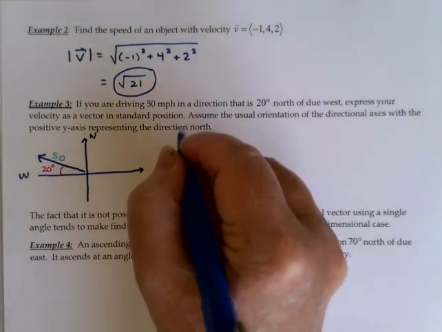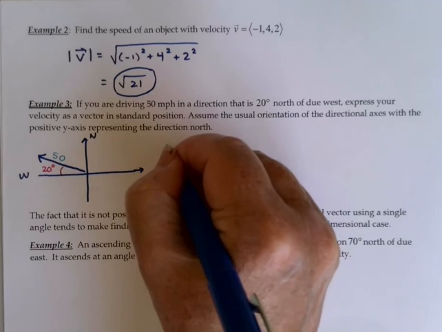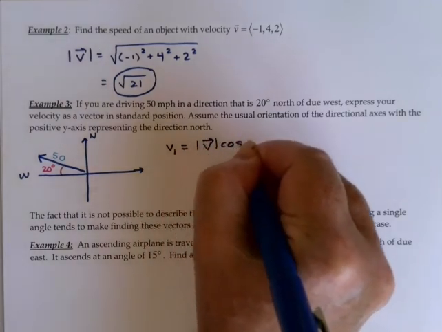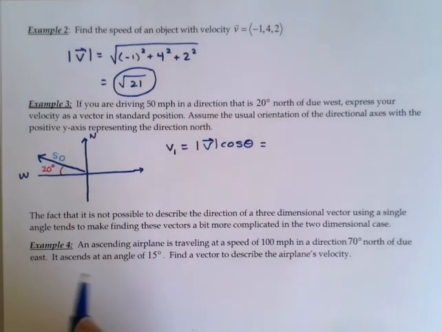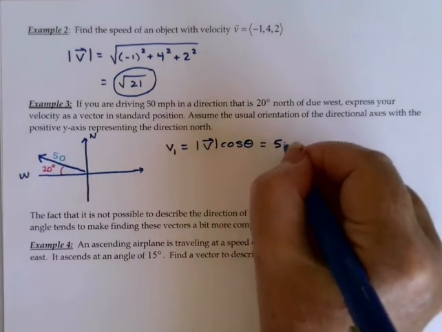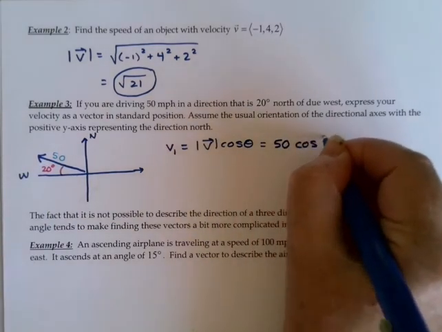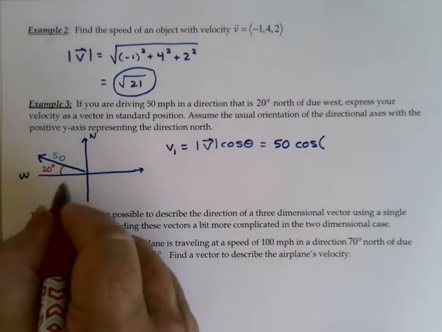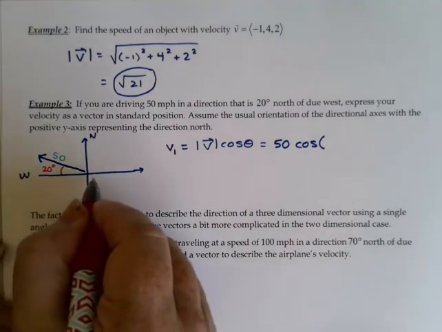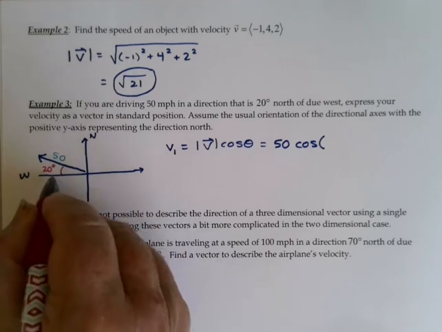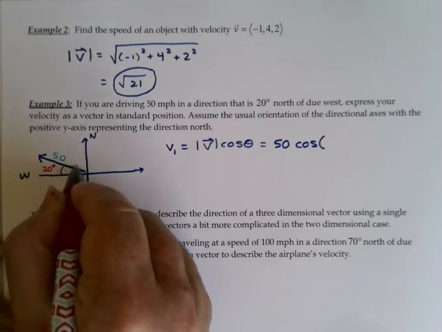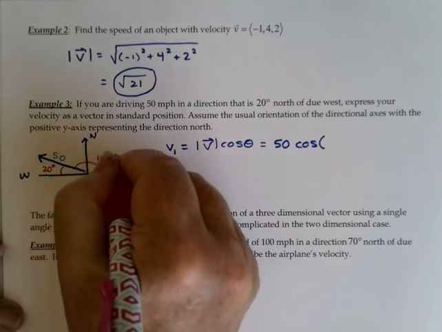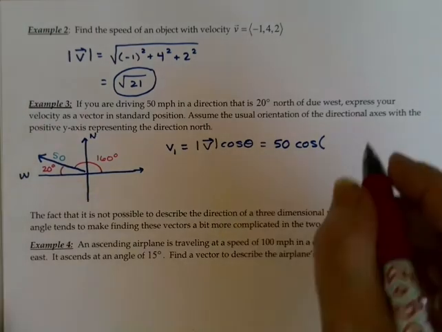So I'm going to say that V1, magnitude V cos theta, would be my magnitude of 50 times the cosine of, and I do need to be a little bit careful here. The angle has to be the angle with respect to the positive x-axis. This 20 degrees, of course, is not. So I'm going to have to use its supplement, 160 degrees, as my theta.